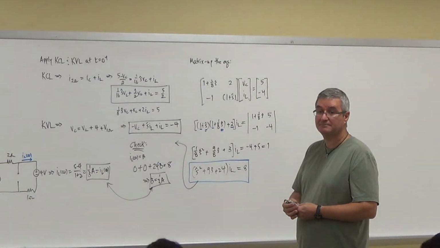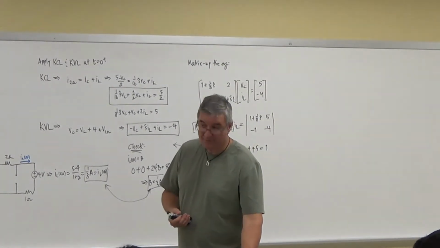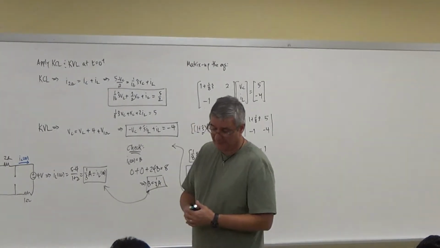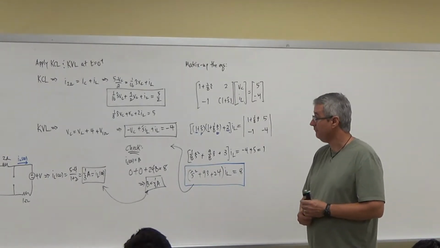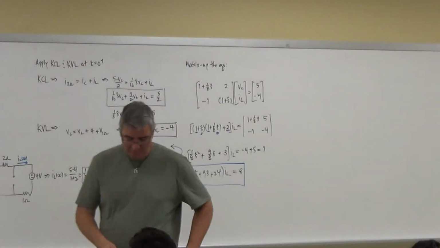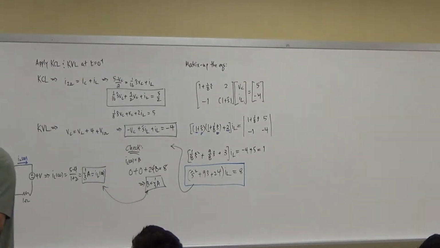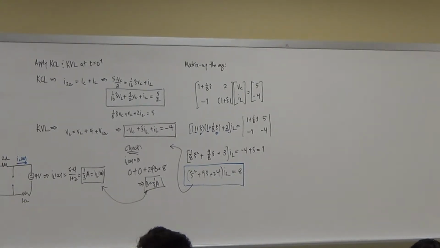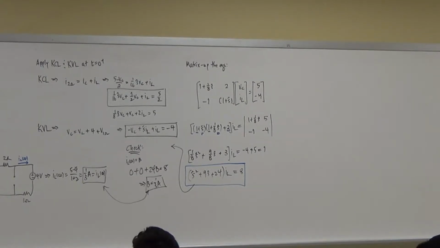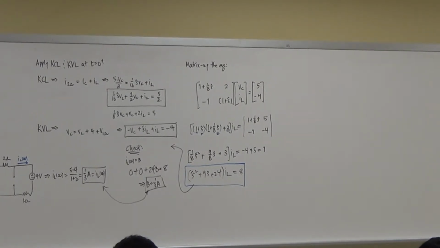Okay, let's go to the next one. Okay, we're looking at problem 5. So remember, I'm reluctant to give you one second order equation, because if you screw up that equation right there, I mean, you make me happy, but you're not happy.